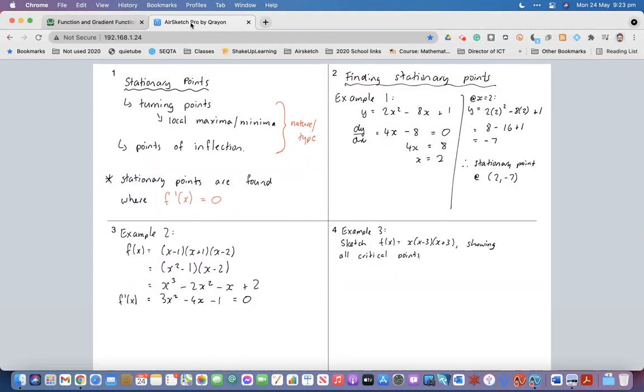Okay, so probably the best way to solve this would be to use maybe the quadratic formula, or if it's going to be able to be factorized, then perhaps we can use the method where we go 3 times negative 1 is negative 3, and our target is minus 4.